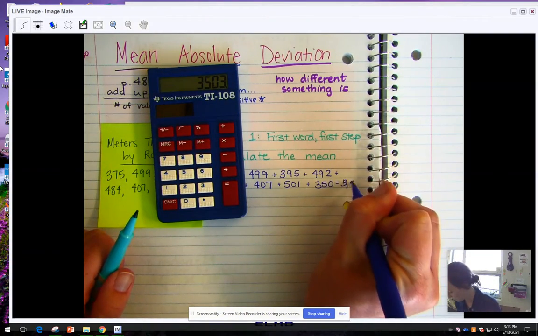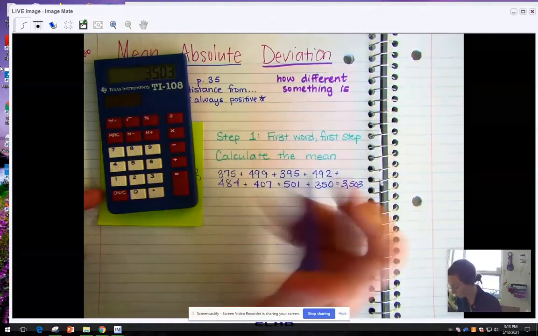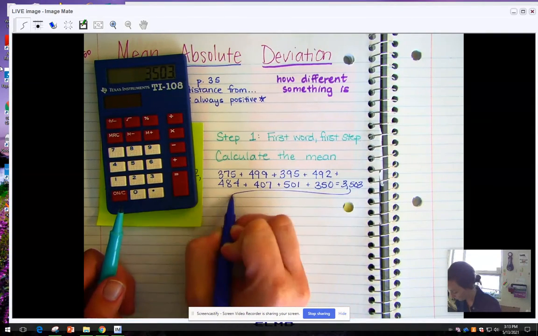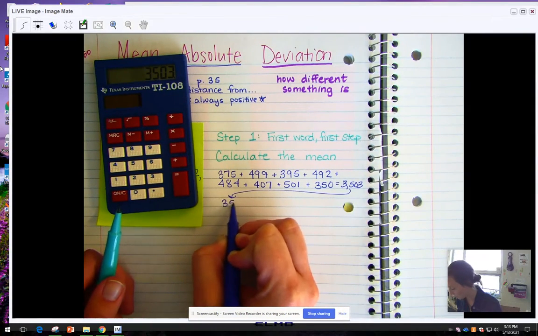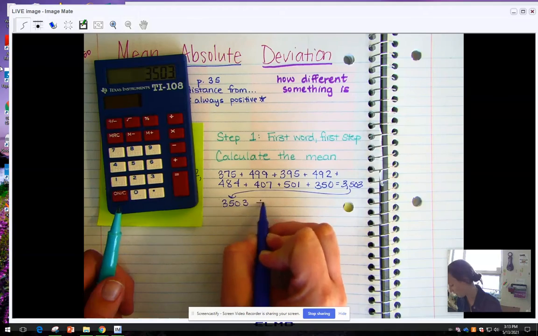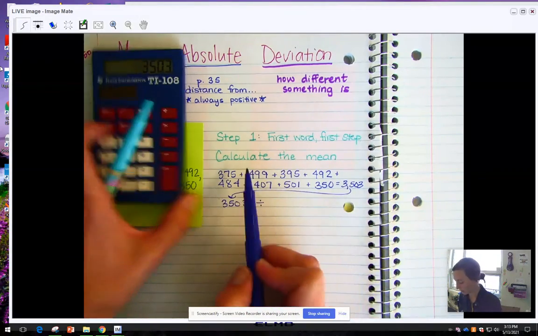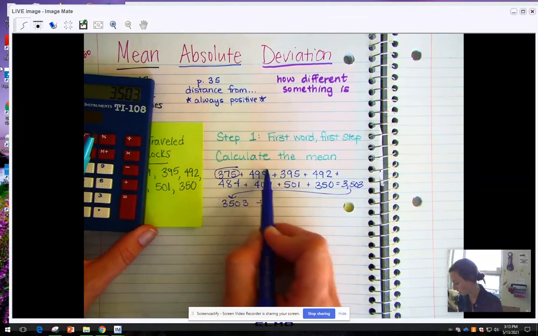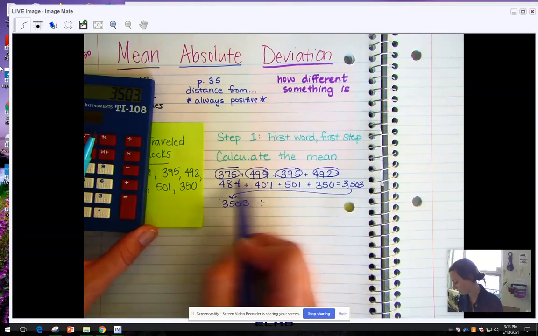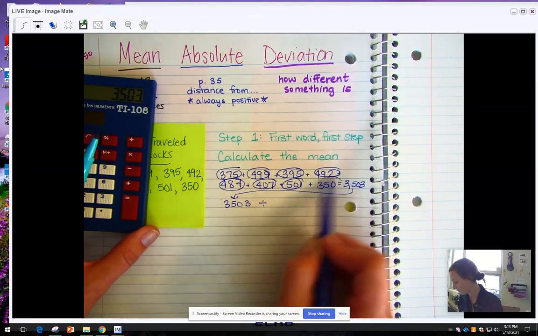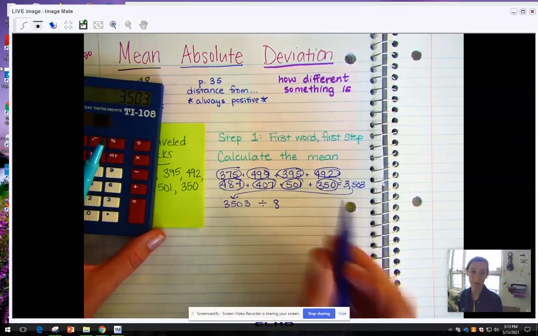That is not my mean though, right? Because now I need to do that sum divided by the number of values I had. In this case, I had 1, 2, 3, 4, 5, 6, 7, 8 values, so I need to divide by 8.